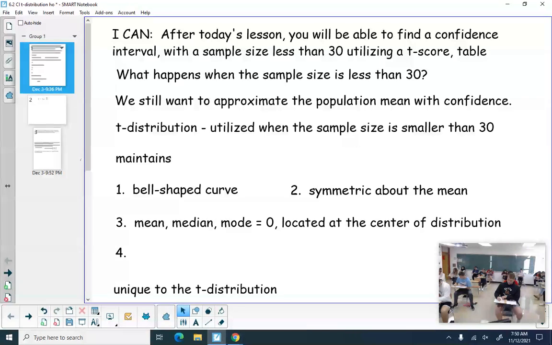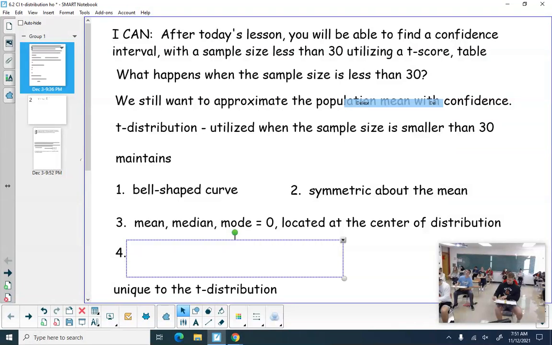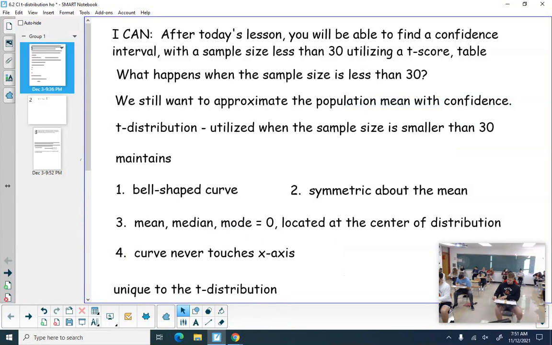The mean, median, and mode are still located at the center of the distribution, equal to 0. So we still have these characteristics that we utilize with a normal bell-shaped curve and the z-distribution. And the curve never touches the x-axis. It's asymptotic to the x-axis. So everything's going to look the same as what we've done already.